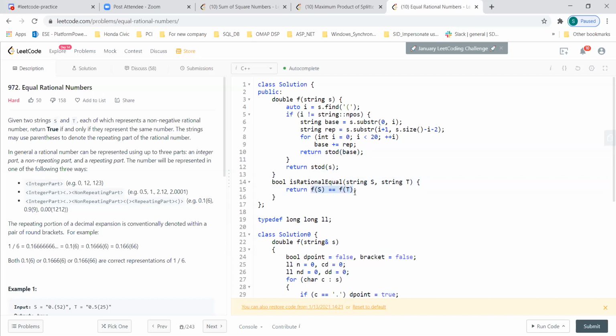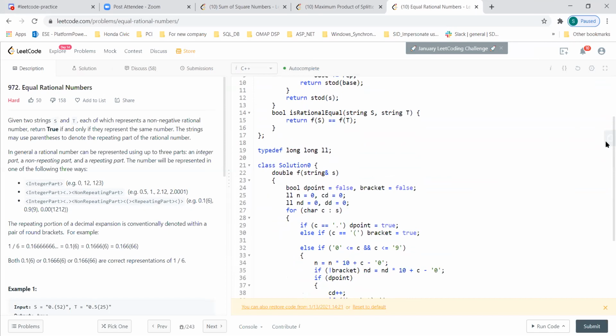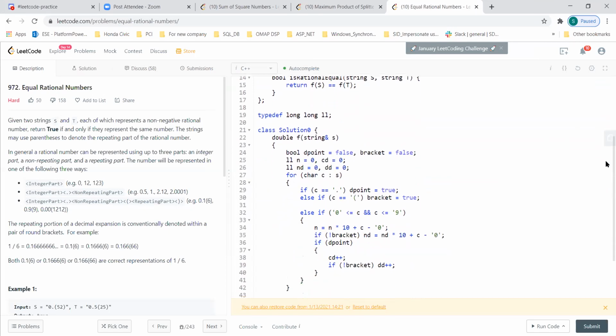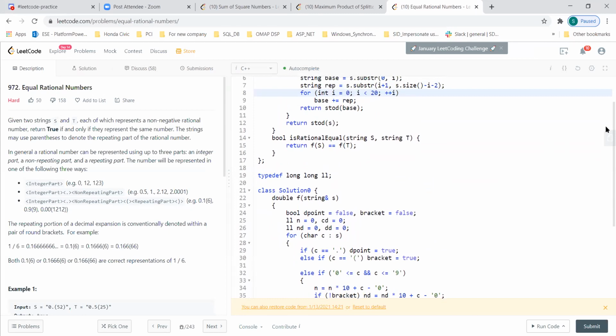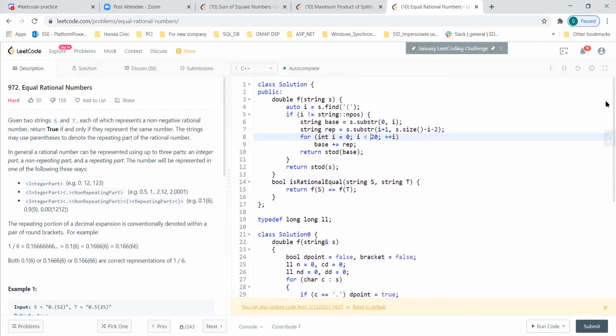You can pick 20, or you can pick 16 also. That is what I actually saw there. Some of them are picking only 16, some are picking 20, and both work. In that case, you would also have to explain to the interviewer why you pick 20, why 1 equals 0.9999. See, because this is floating point, the more repetitions you have, the closer you are to the real number, correct?